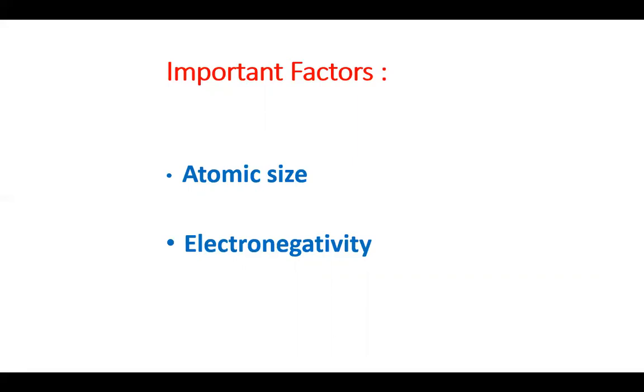That's why the value of electron affinity decreases. The other factor is electronegativity. When we move from left to right across the period, electronegativity increases. Elements have more tendency to attract electrons toward themselves. That's why the value of electron affinity also increases.